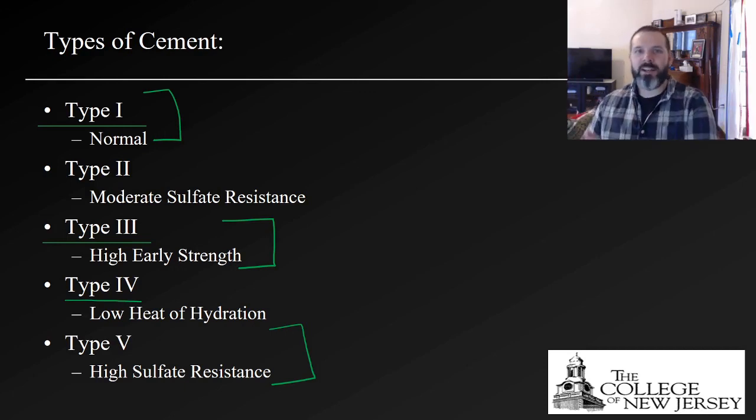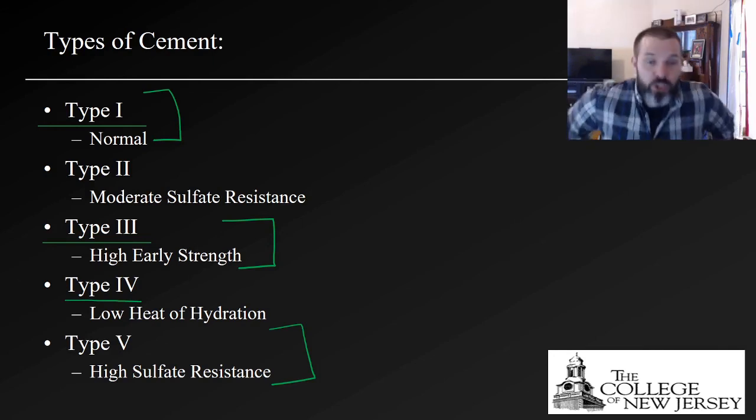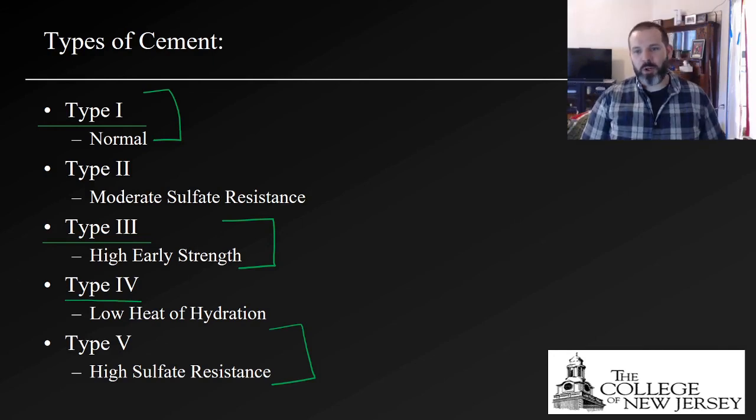If it's too hot, you won't get hydration. So when you're doing a massive pour, something like the Hoover Dam or something like that, with all that concrete curing in the same place, the heat can actually get too great and damage the hydration process. So when you're doing massive concrete pours, you're going to use a low heat of hydration cement. So these are for like giant things made out of concrete.